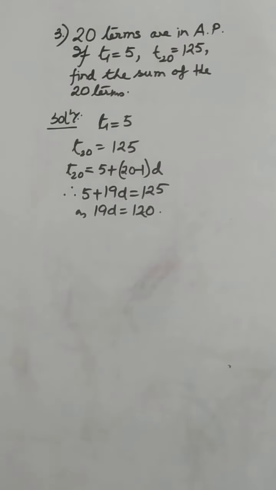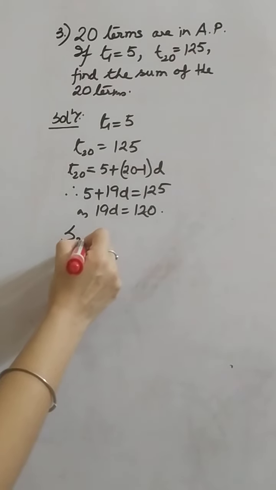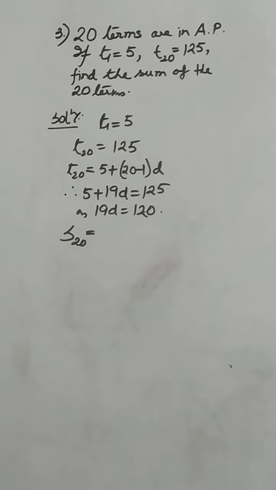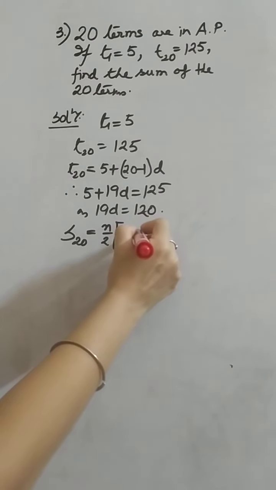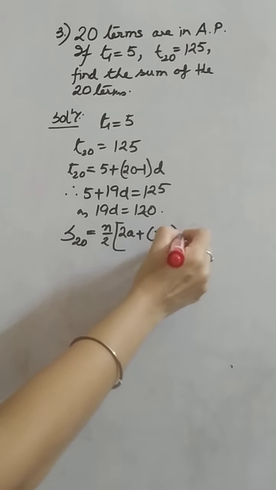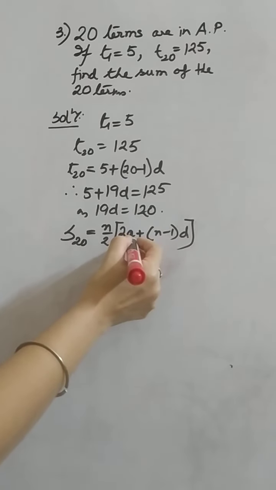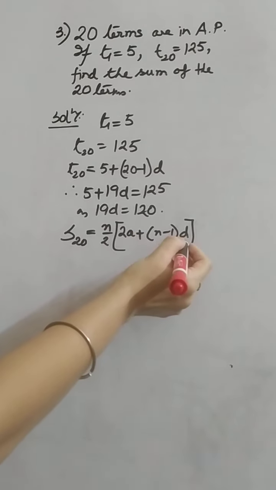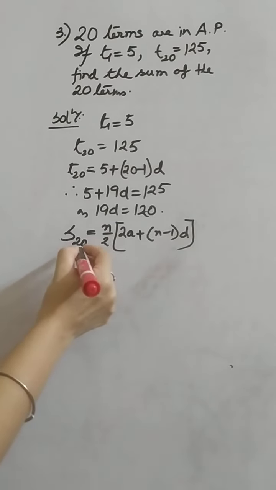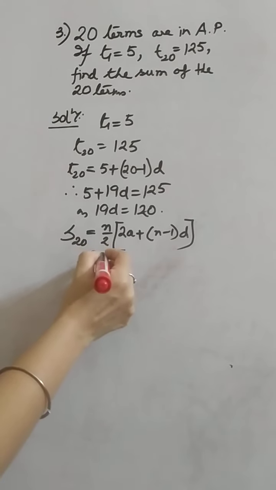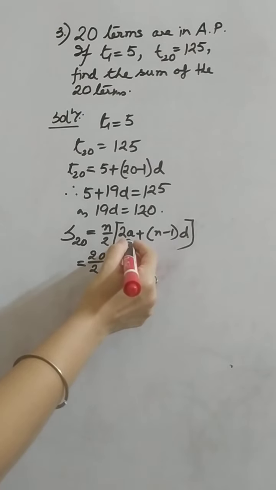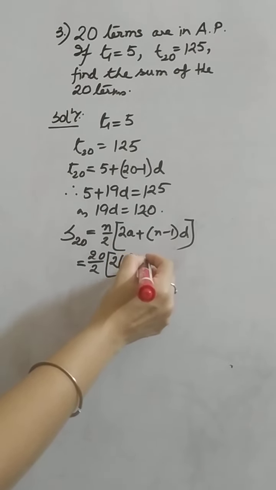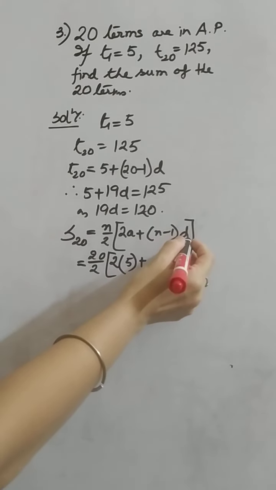Now we have to find out the sum of 20 terms. So let's write that as S20. Remember, the formula is n by 2 into 2a plus n minus 1 into d, where a is the first term, n is the number of terms and d is the common difference. So this is equal to, number of terms is 20, so 20 by 2 into 2a. A is the first term, 5, plus n minus 1 d.